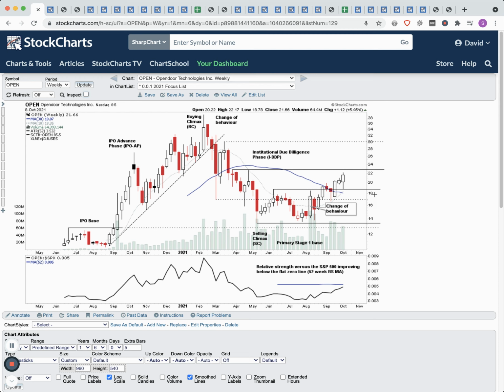So there's plenty of early entry points in the kind of zone we're in at the moment, but I'm looking for personally for this to start consolidating in the upper range above this lower base here. So hopefully we can get some backing up action within this sort of upper range of the lower base, and then for a potential stage 2 breakout move on strong relative volume.